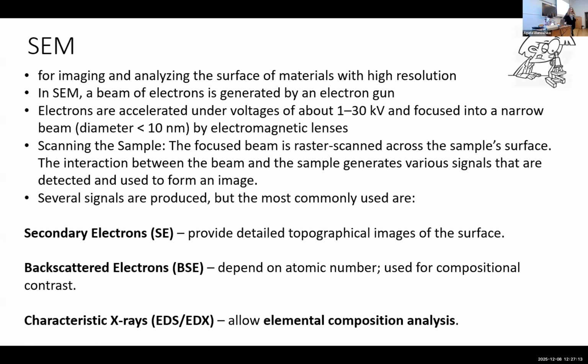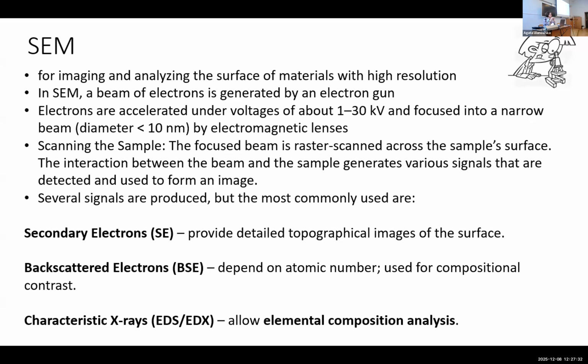Thank you. Okay, so SEM is traditionally used for imaging and analyzing the surface of materials with high resolution. In SEM, a beam of electrons is generated by an electron gun.